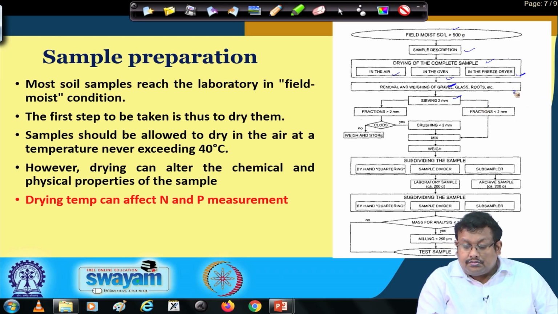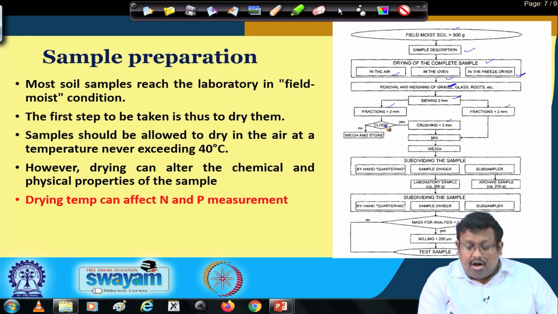After you sieve, you can separate the fractions of more than 2 millimeter and less than 2 millimeter, and the fractions which are greater than 2 millimeter, you can further crush to less than 2 millimeter by a milling process, and the clods can be further crushed and mixed, and those fractions which are less than 2 millimeter can be mixed well.